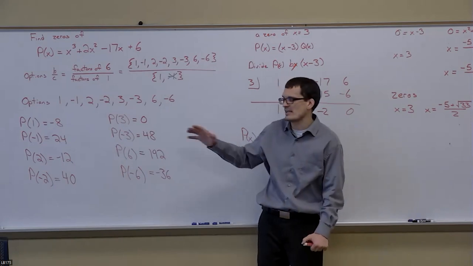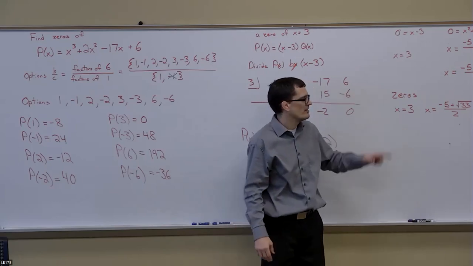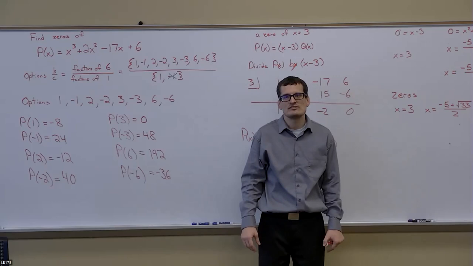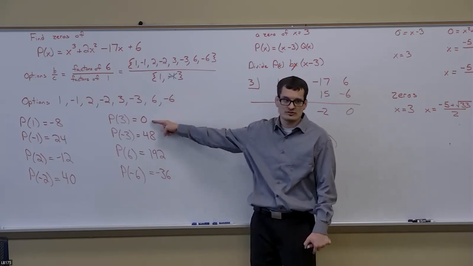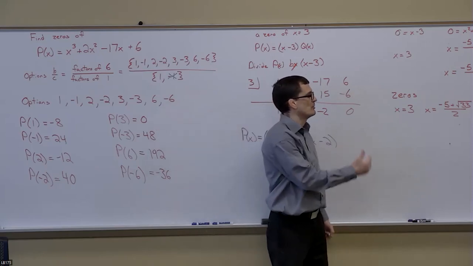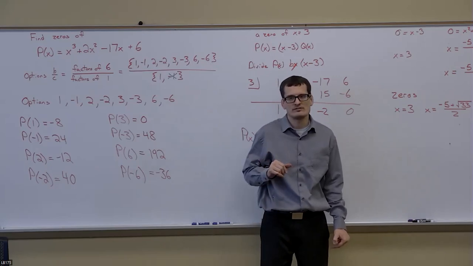We've seen getting complex zeros already. But as you can see in this example, it gave me one rational zero, which was 3, and then 2 real number zeros that involved ugly square roots.